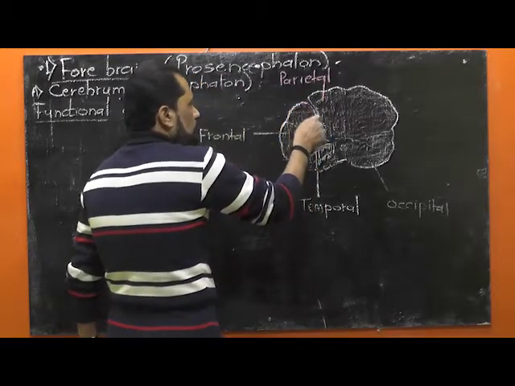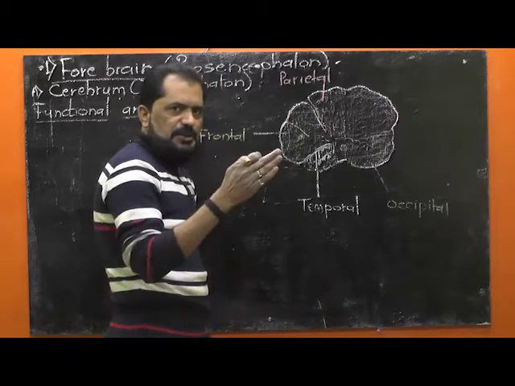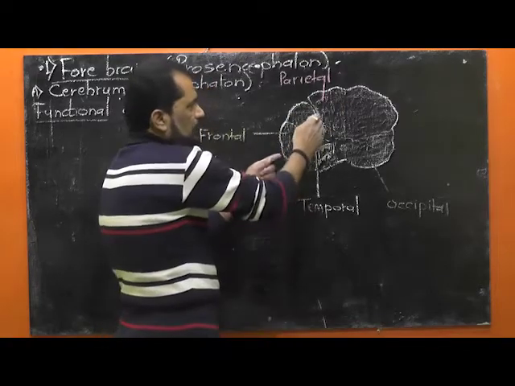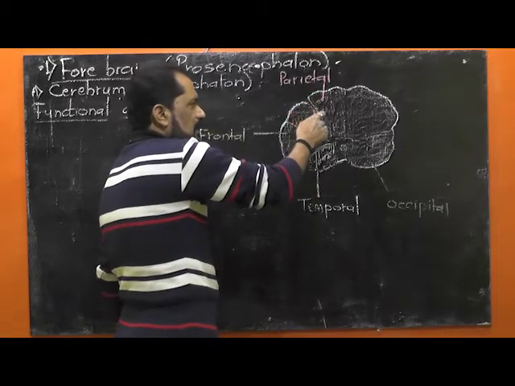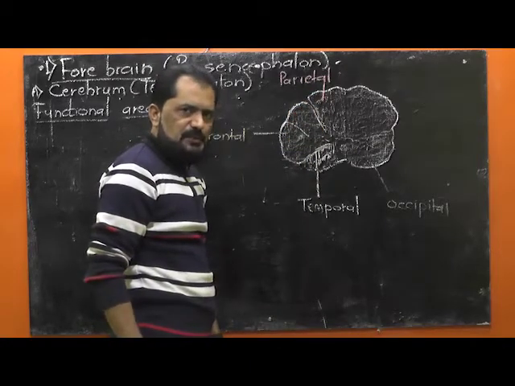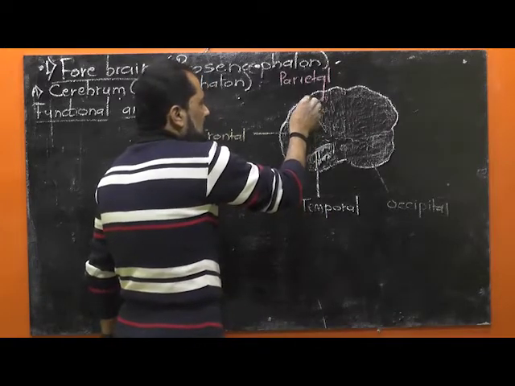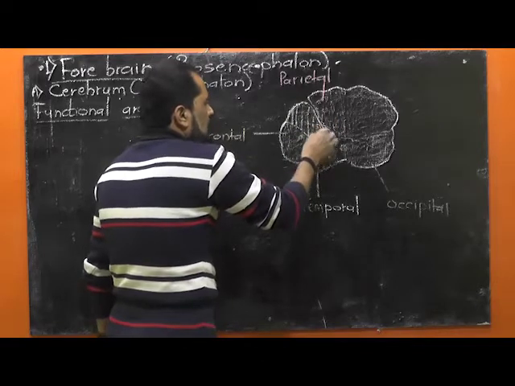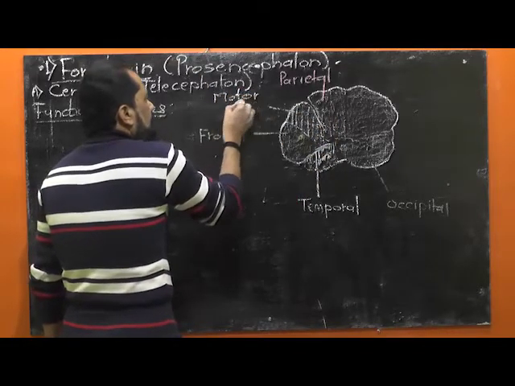You know this groove, this sulcus is called central sulcus, isn't it? Which demarcates the frontal lobe from parietal lobe. फ्रंटल लोब आणि परायटल लोब यांना वेगळं दाखवणारी ही जी सल्कस आहे हिला आपण सेंट्रल सल्कस म्हणतो. थोडा वेळापूर्वी आपण बघितलं. आणि या सेंट्रल सल्कसच्या आधीचा जो भाग आहे फ्रंटल लोबचा, it represents the motor area.